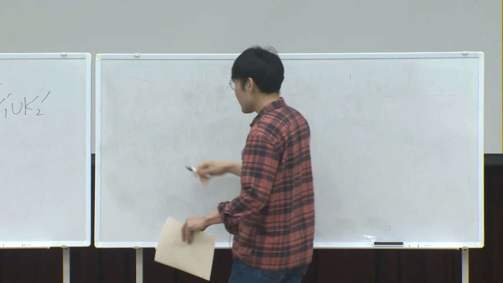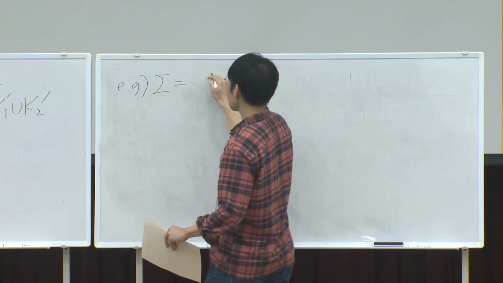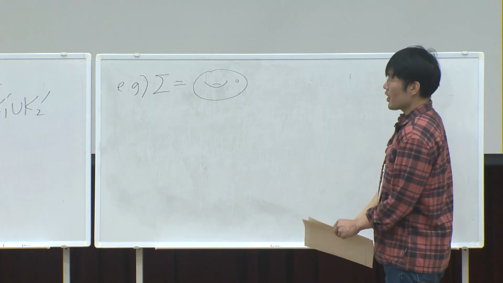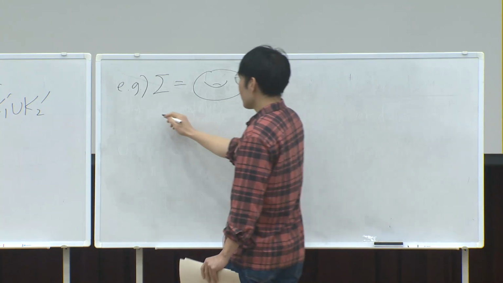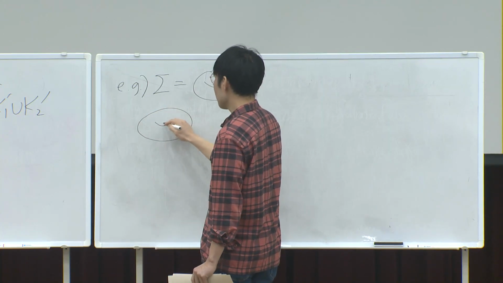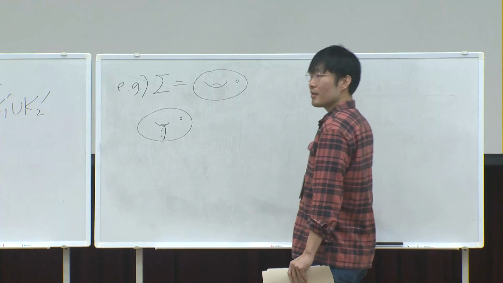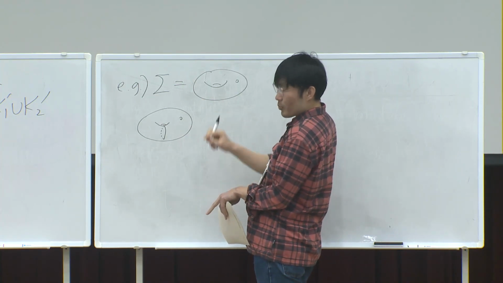So let's say your surface looks like this, a torus with one puncture. And then I'm going to try to multiply two framed lengths. So let's take this framed length. By that I mean the framing is taken to be upward vertical.